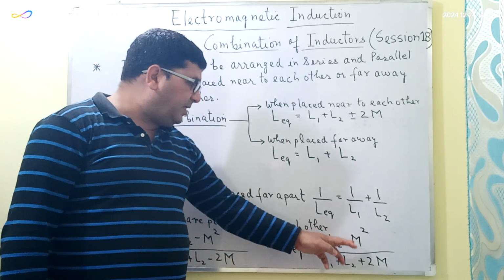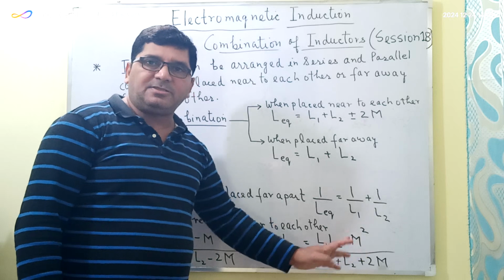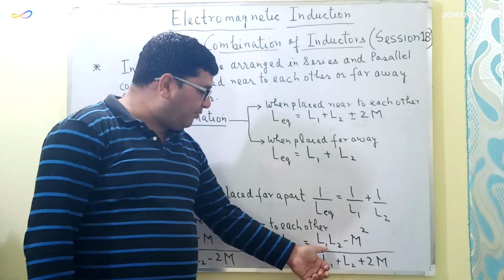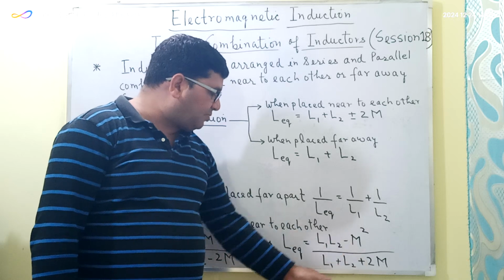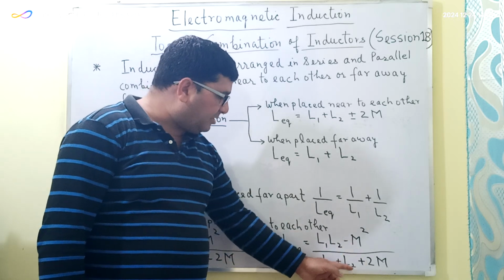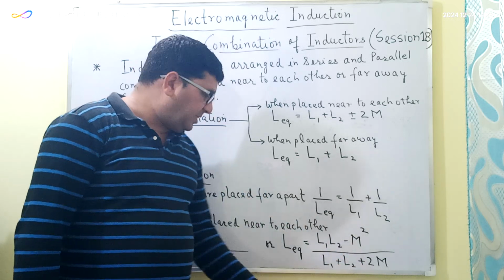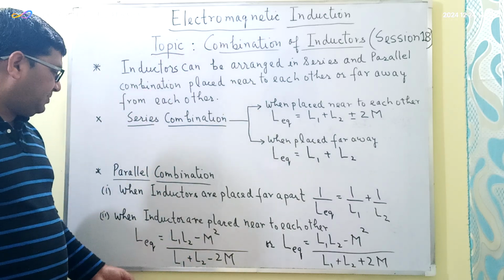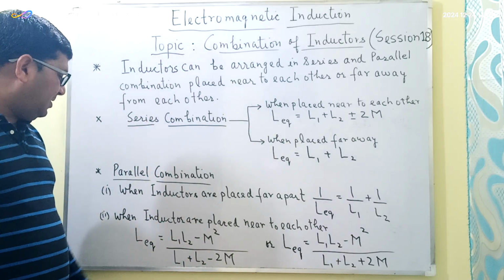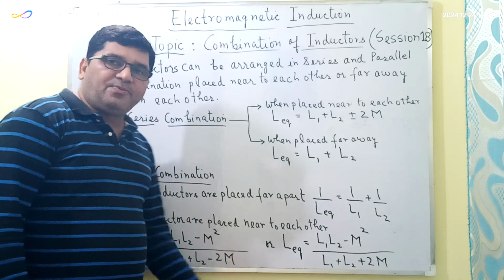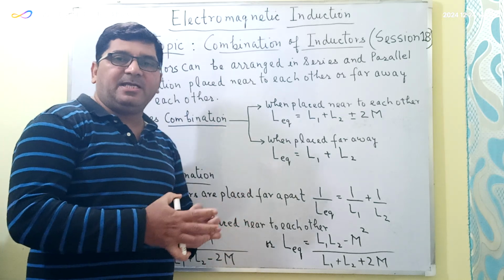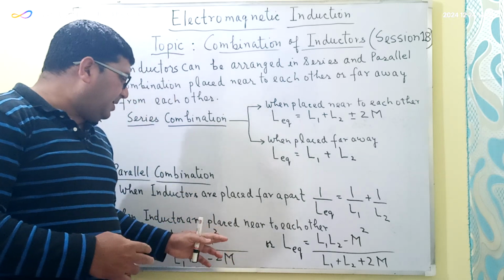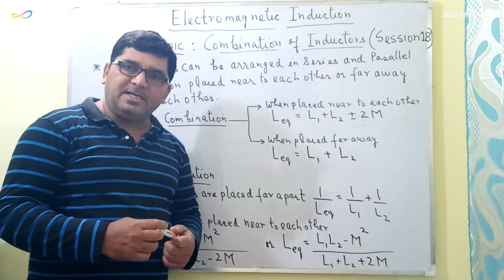When the magnetic fields of the two inductors are opposing each other, the equivalent inductance will be equal to L1 into L2 minus M square divided by L1 plus L2 plus 2M. Here we can see that the equivalent inductance is more for two inductors arranged in parallel with their magnetic fields aiding each other.